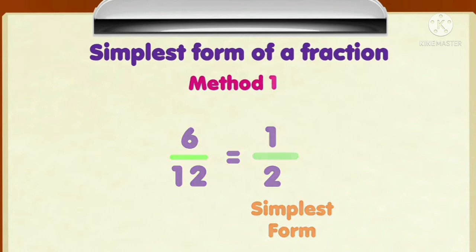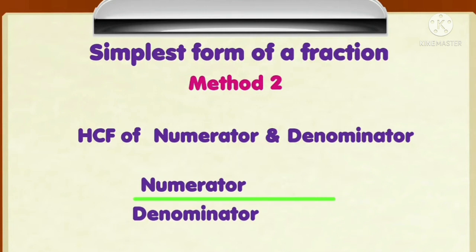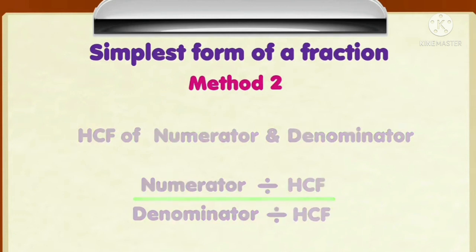There is another method of simplifying fractions. Method 2. Find the HCF of the numerator and the denominator, and then divide both the numerator and the denominator of the fraction by it. This is a faster way to find the simplest form of a fraction. Let us take the fraction 4 upon 12 as an example.